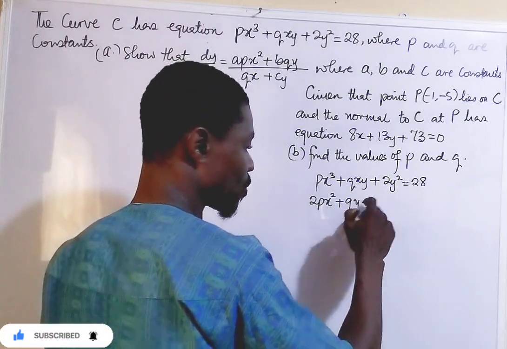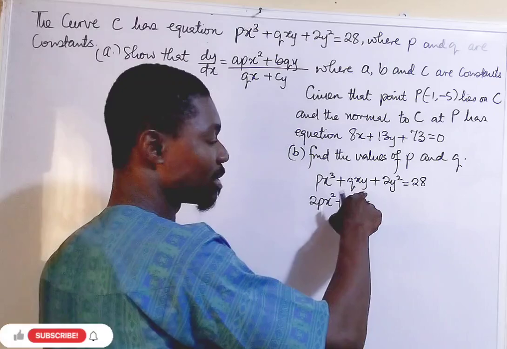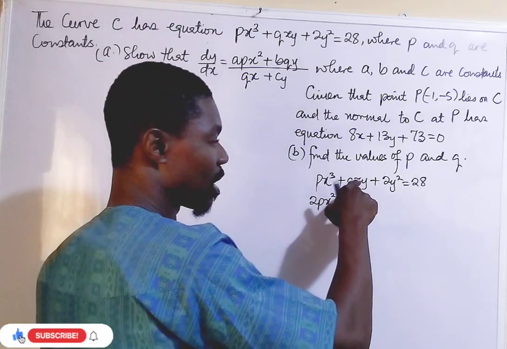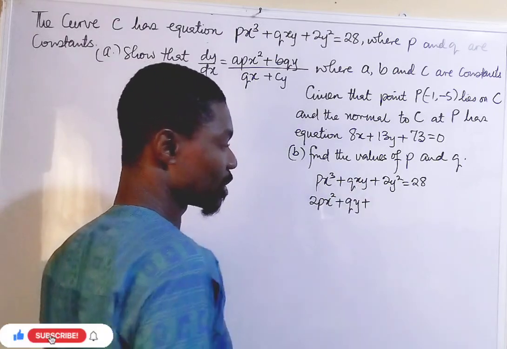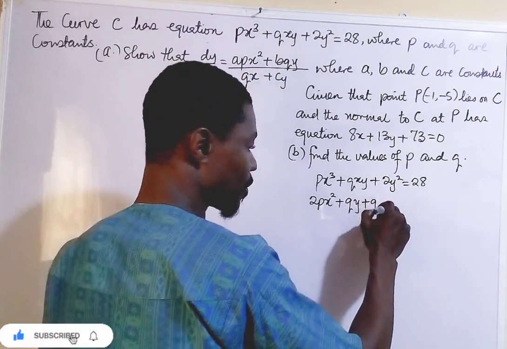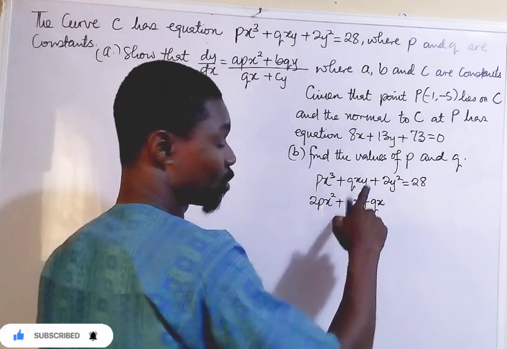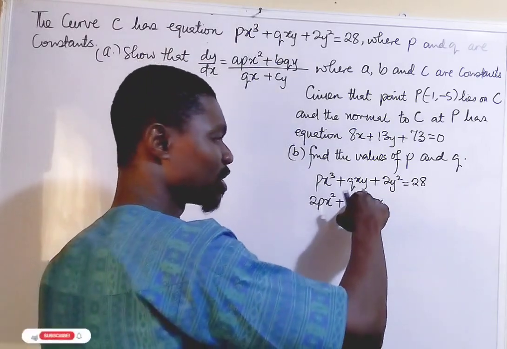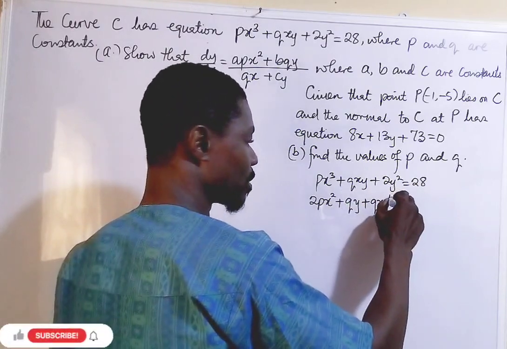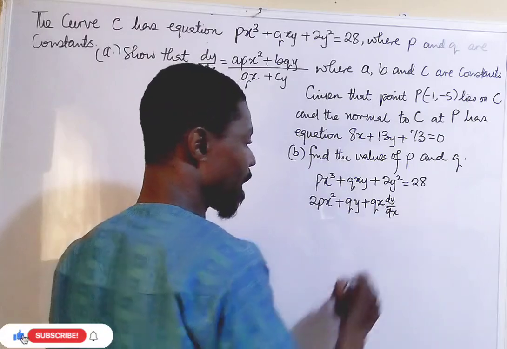Then plus, take note, we have to differentiate y this time around, keeping x constant. So then we have q times x, and differentiating y we are supposed to have 1, but because we're differentiating y, we have dy/dx.